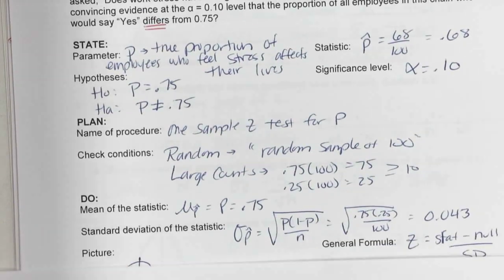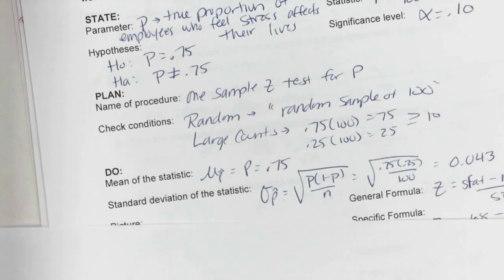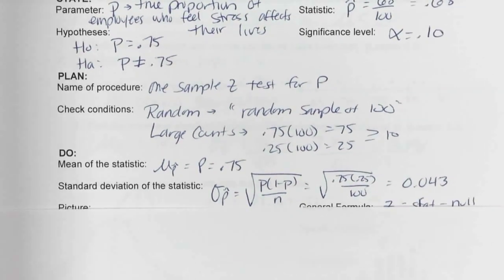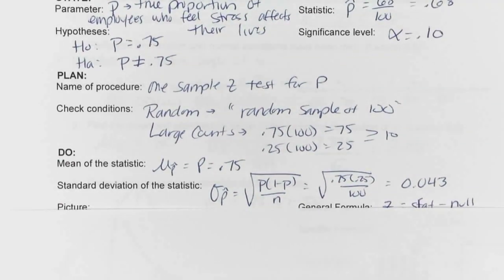So now on to the do step. I first, get this on the screen for you, want the mean of the statistic. So the mean of the sampling distribution is the proportion we assume, 0.75. Our standard deviation of our sampling distribution through our formula yields 0.043.